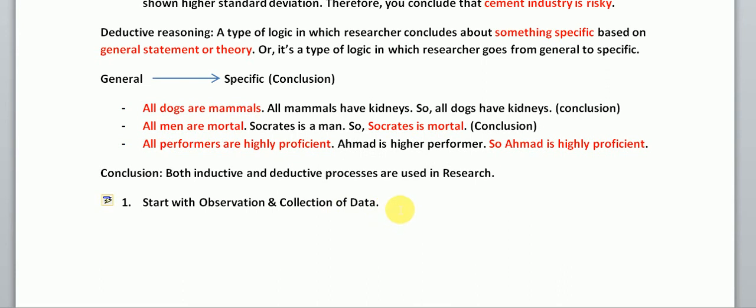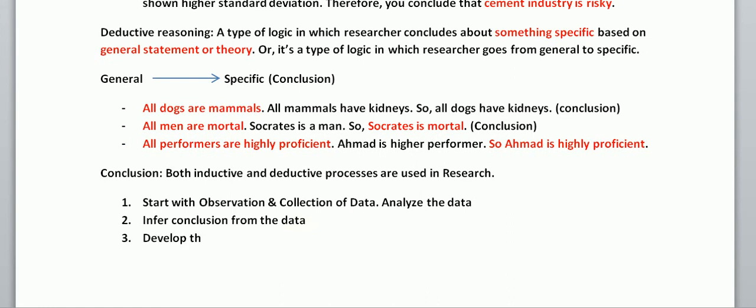Then out of the given data you infer a conclusion. It means you start observation, collect the data, analyze the data, and then infer a conclusion from the data.